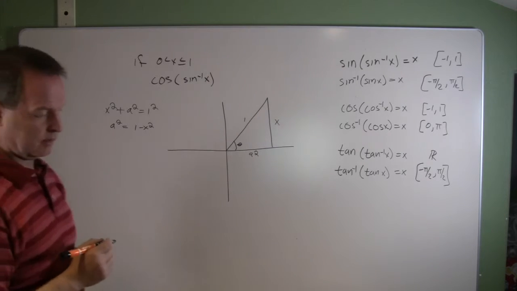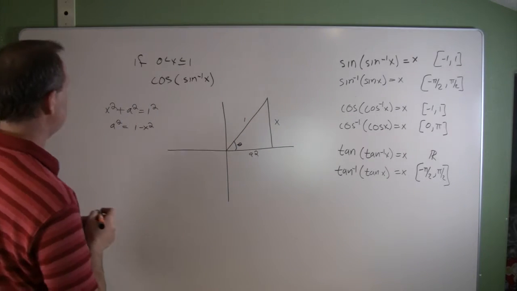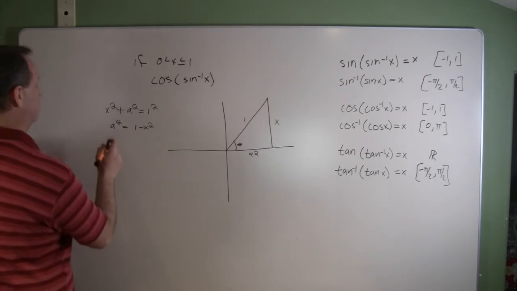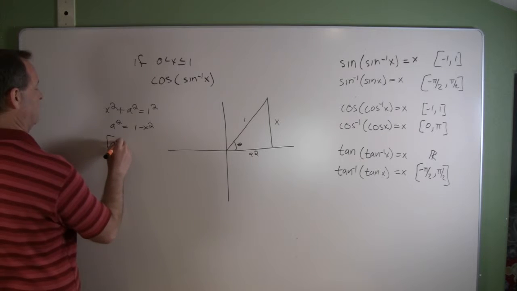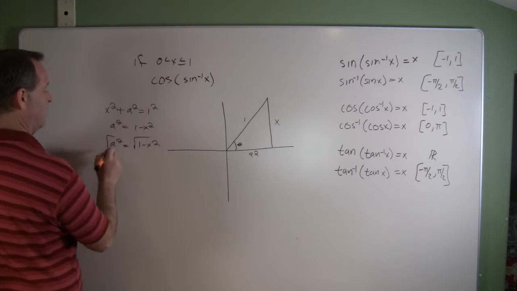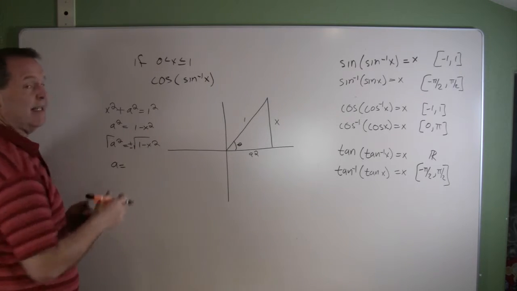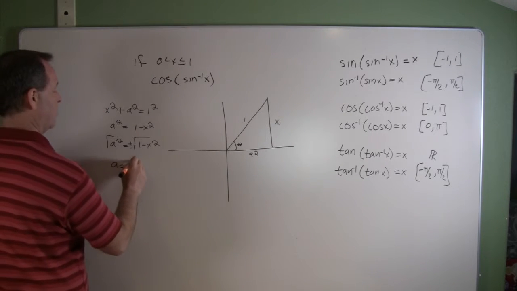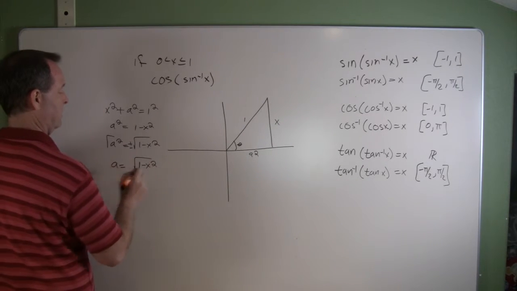And then I'm going to take the square root of both sides. That's plus or minus, and I'm going to take the plus side because I want a positive distance. So a equals the square root of 1 minus x squared.